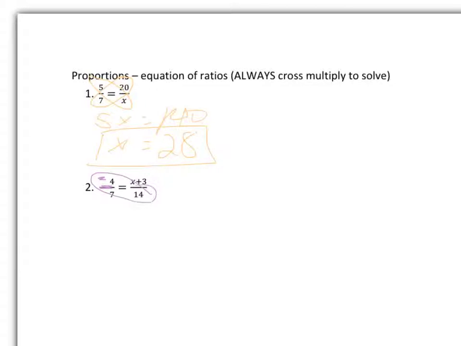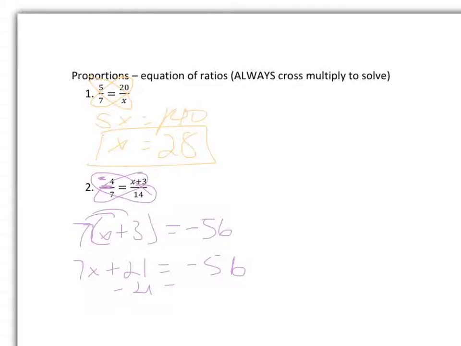Then we cross multiply. So we'll have 7 times x plus 3 equals negative 4 times 14, which is negative 56. We have to distribute that 7, so we have 7x plus 21 equals negative 56.